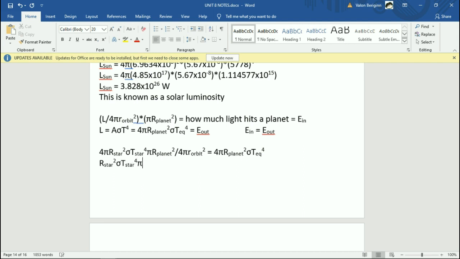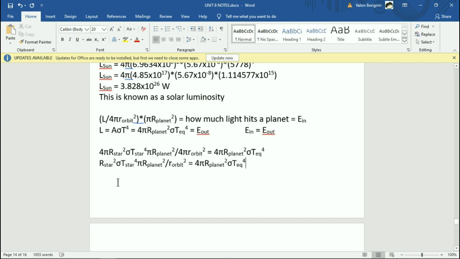We still have this pi, and this r planet squared divided by r orbit squared equals, we still have this 4 pi like that.